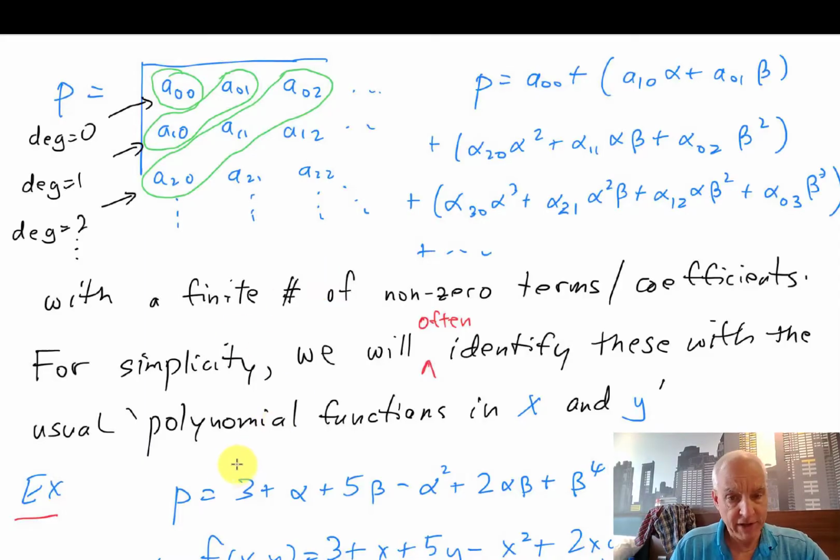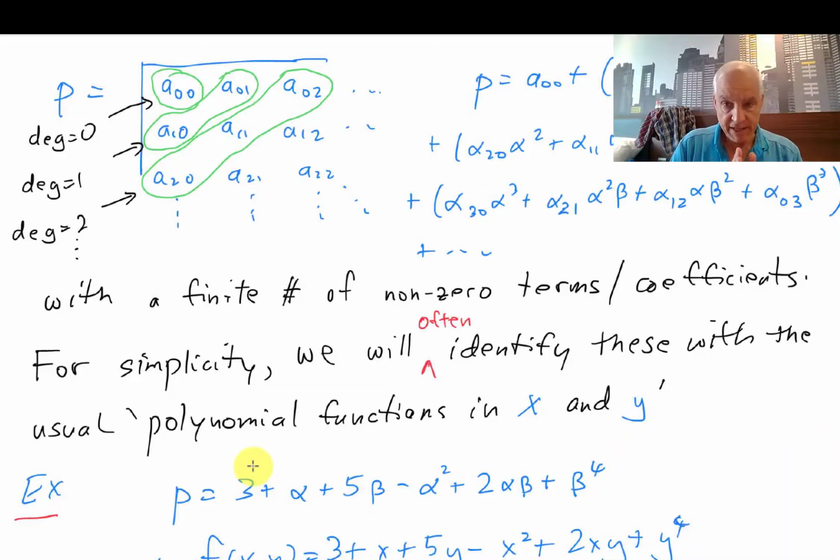Now, for simplicity and to connect with the more usual story, we will often identify these kinds of things with polynomial functions in x and y. But I want to emphasize that the alpha and beta here are not variables in the usual sense. They're just sort of placeholders. So, for example, the polynumber 3 plus alpha plus 5 beta minus alpha squared plus 2 alpha beta plus beta to the fourth, okay, that's not given in terms of variables alpha and beta.